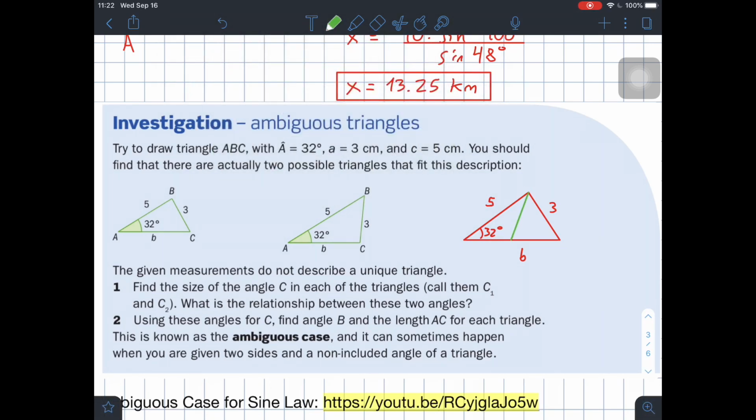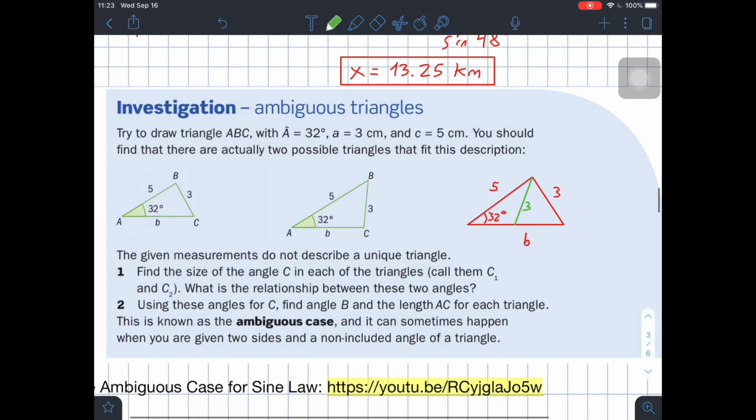Maybe this could also be 3. I'm drawing here an isosceles triangle where this side is the same as this side, right? So this option is also valid. We have two triangles here, the red one and this green one over here. Those are the two different alternatives that can be presented with the same information. And as I told you, both triangles are actually correct.